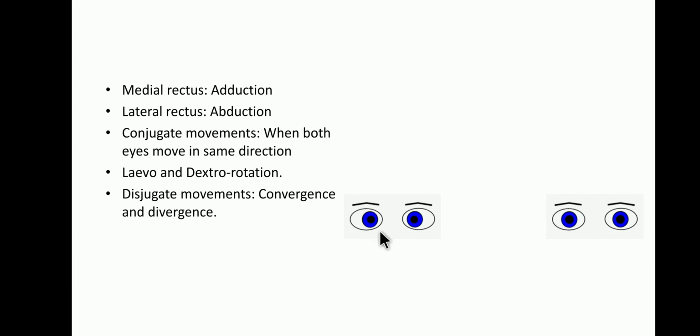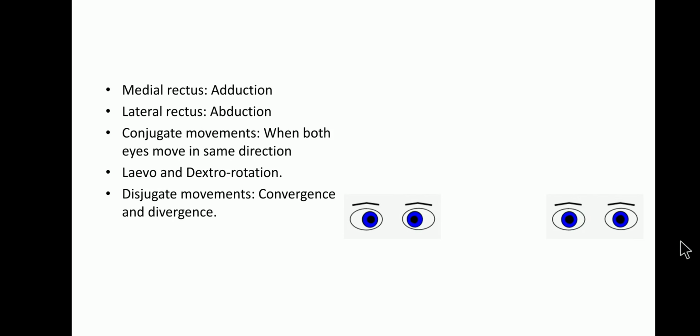Remember, in this the visual axes of both the eyes are not parallel, so this is called disjugate movement. Same way you also have circumvergence, when both the eyes move in opposite directions. That means one will move medially, the other laterally. If this eye is coming medially, this eye will move laterally. That is called circumvergence. So these are associated movements, like your conjugate and disjugate movements.